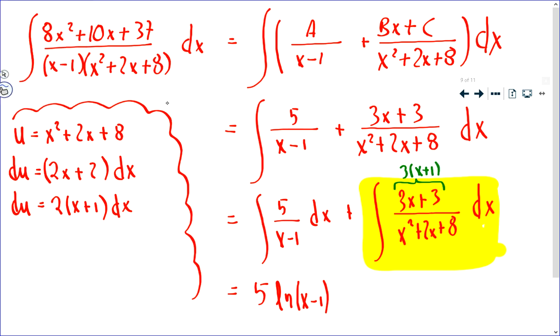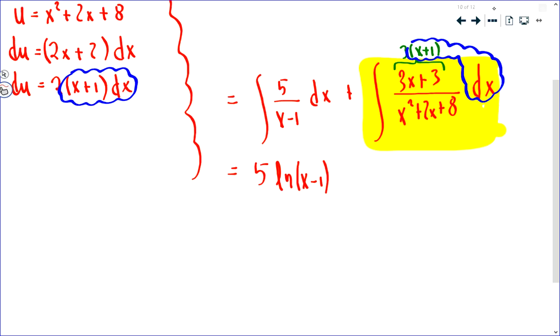So in this integral, you have x plus 1 multiplied by dx, and that's what we have here. So this integral has a 3 times the x plus 1 dx, so I'm going to factor that 3 out. Then I have the integral of the x plus 1 dx, but that's 1/2 du.